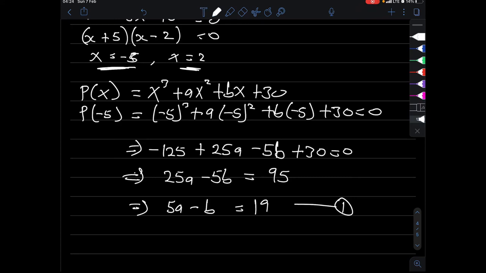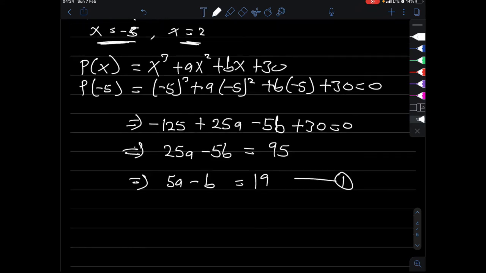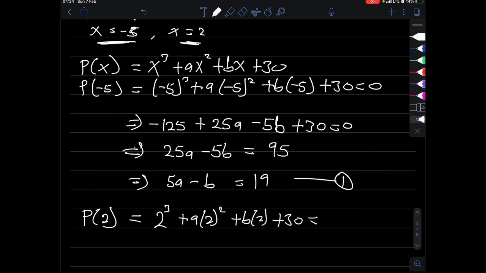So now let's do this. P of 2. That means we have 2 raised to the power 3, plus a times 2 squared plus b into 2 plus 30 equals 0. This will imply that you have 8 plus 4a plus 2b plus 30 equals 0.